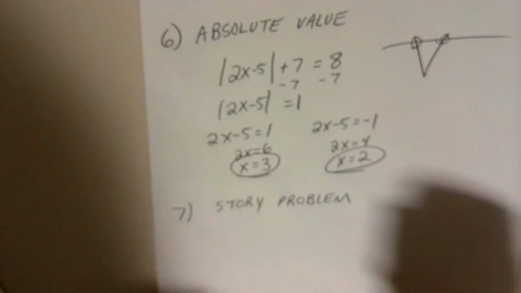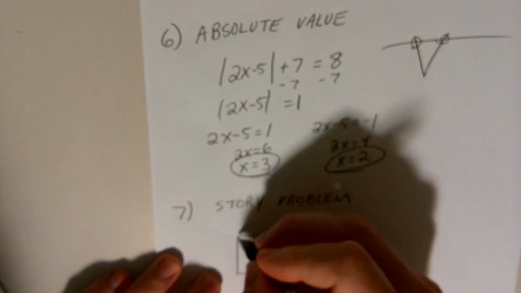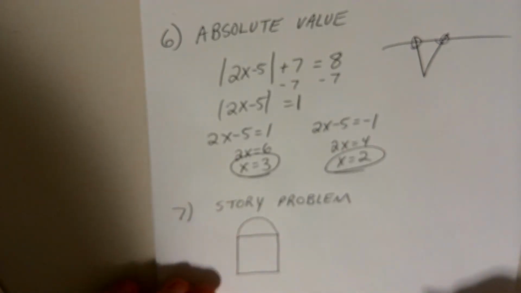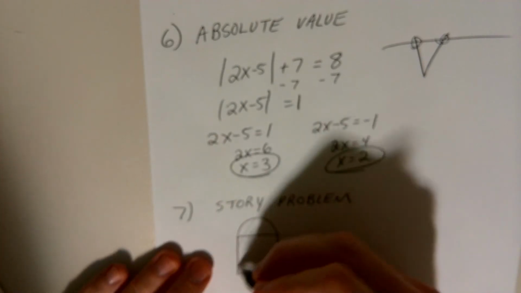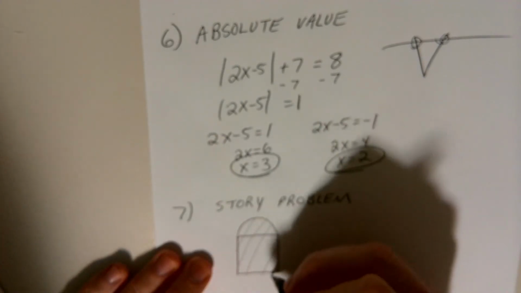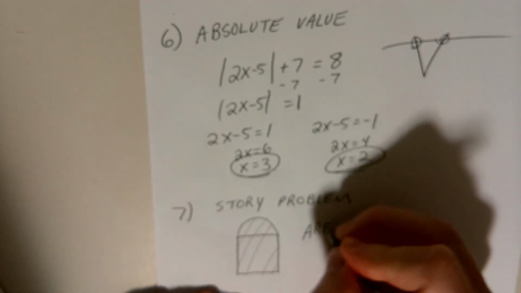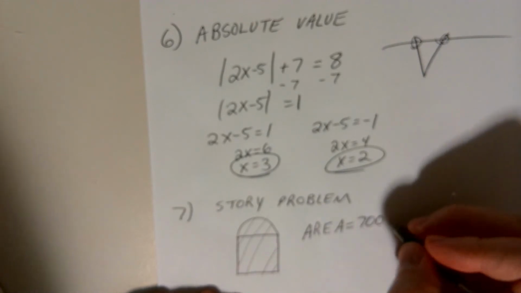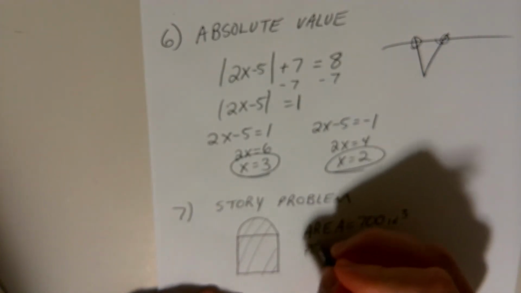So here's the deal. What I've got is a square with a semicircle on top of it. And I want to know, if the area of the whole thing equals 700 cubic inches, what is the perimeter?